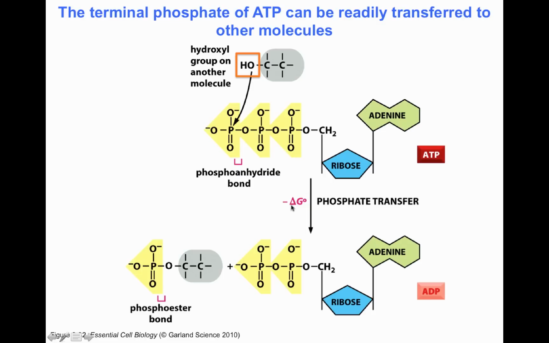That phosphate transfer will have a negative free energy change, delta G, and therefore generate an ADP molecule together with the phosphorylated molecule. So here will be the molecule with the phosphate attached to it. That energy in the phosphoester bond will be able to be used to generate ATP again, or to give the energy required for a different reaction.